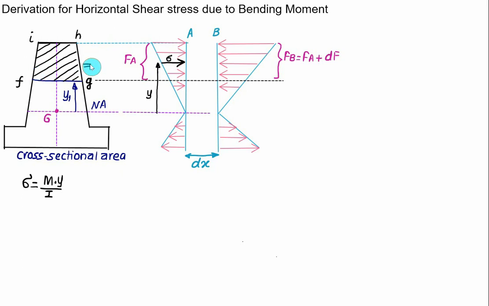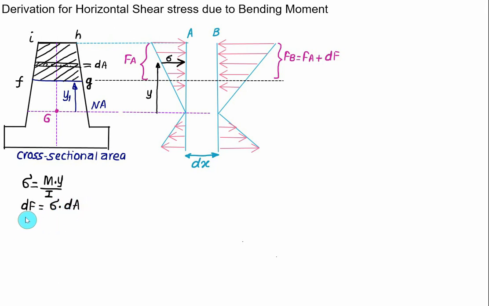This one is representing a small area, let's say equal to dA. In that case, we can calculate the force as a product of sigma multiplied by dA. So we have dF equal to the stress sigma multiplied by area dA.